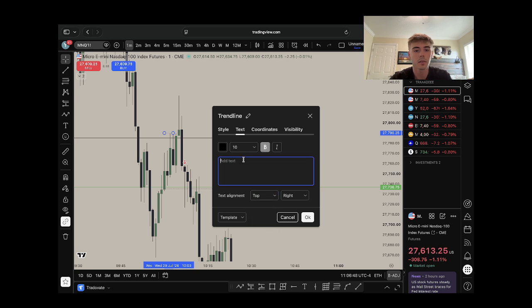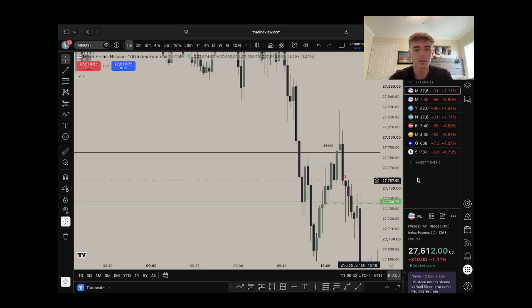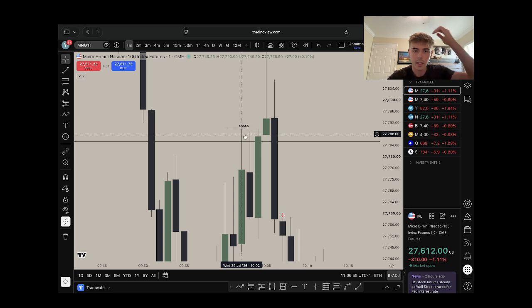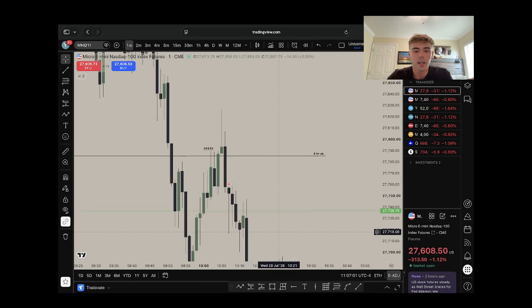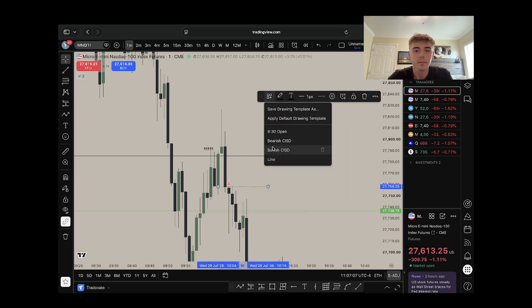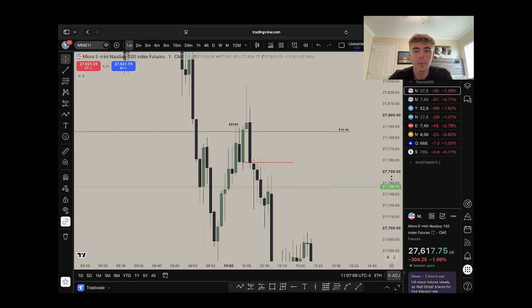We can mark this out. Here's our stop hunt. You can zoom in right here. We end up creating a super small swing high right here. And then straight after that, we get a bearish change in the state of delivery right here. So I end up entering here.